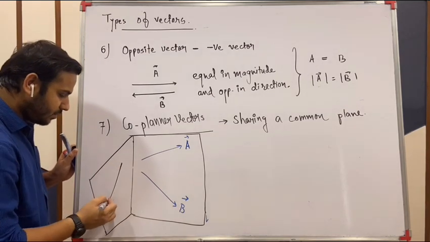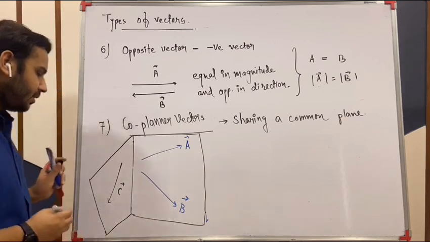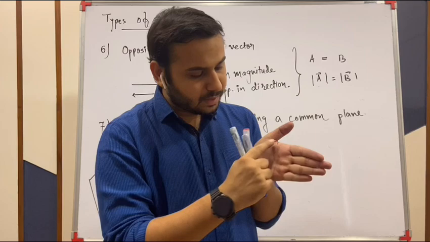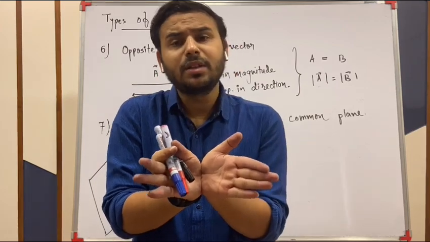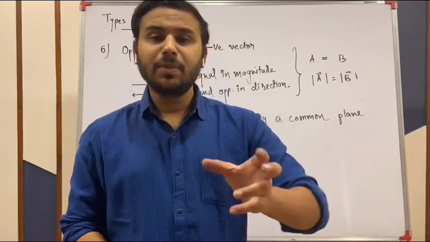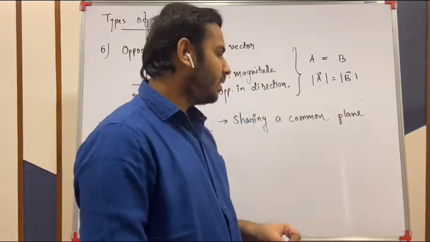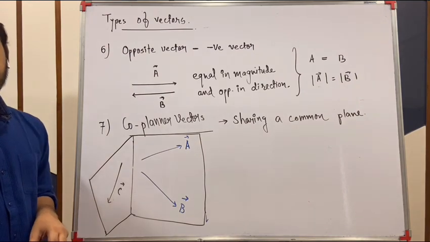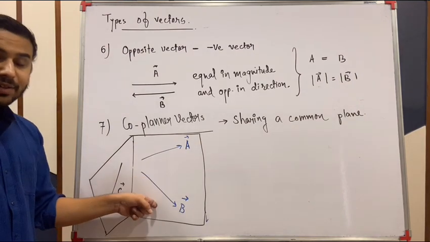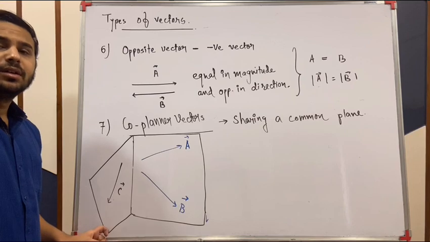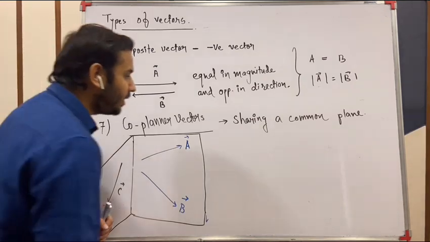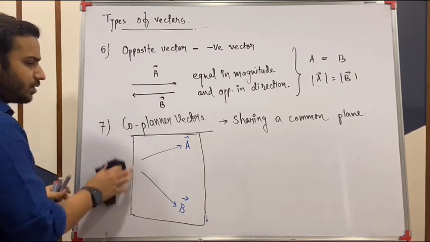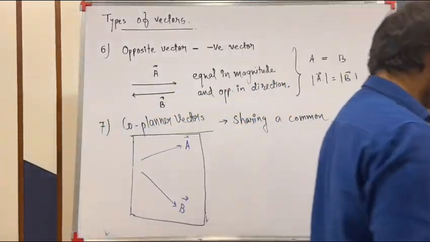Suppose here is vector A, vector B, vector C is in this plane. All three are not in same plane. These planes are sharing some angle. Okay. Write down, here is some diagram of non-coplanar vectors. This A and B are coplanar vectors. C is not a coplanar vector, that is in some different plane. So they are called non-coplanar vectors. Understood? Write down all these things.